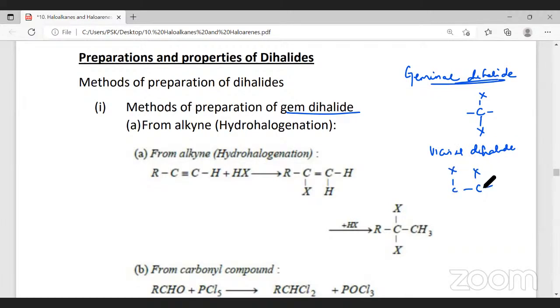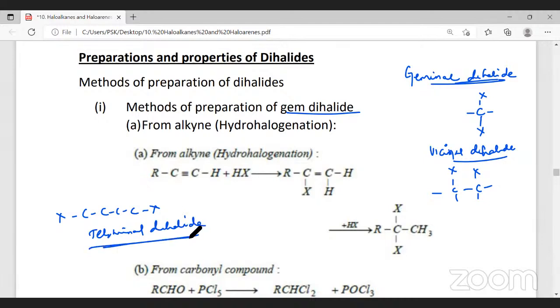If we take a few carbon atoms like this, and if halogens are present on the first and the last carbon atom, then it is called terminal dihalide.